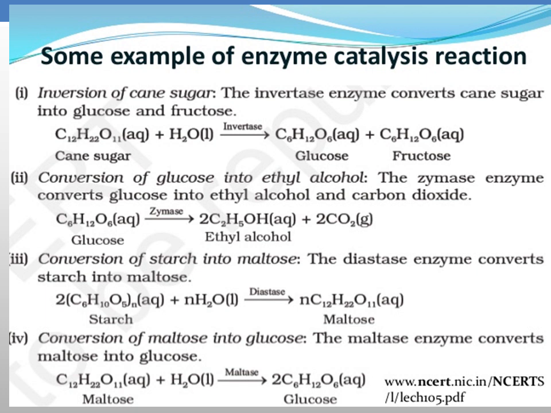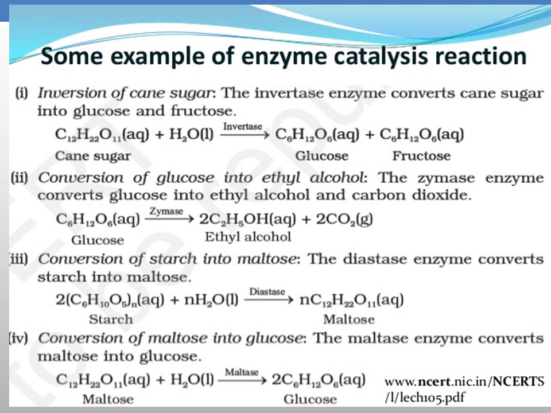Some examples of enzyme catalysis, that is, reactions that are catalyzed by enzymes, biological catalysts. Cane sugar, how it is decomposed to glucose and fructose. Cane sugar is nothing but sucrose, which is manufactured from sugar cane, so it is called cane sugar.